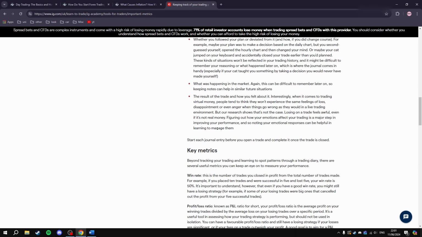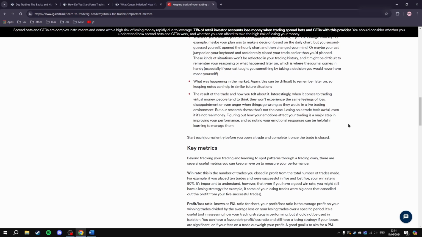For example, maybe your plan was to make a decision based on a daily chart, but you second guessed yourself, opened the hourly chart and then changed your mind. Or maybe your cat jumped on your keyboard and accidentally closed your trade earlier than you planned. These kinds of situations won't be reflected in your trading history. It might be difficult to remember your reasoning or what happened later on, which is where the journal comes in handy, especially if your cat taught you something by taking a decision you would never have made yourself.